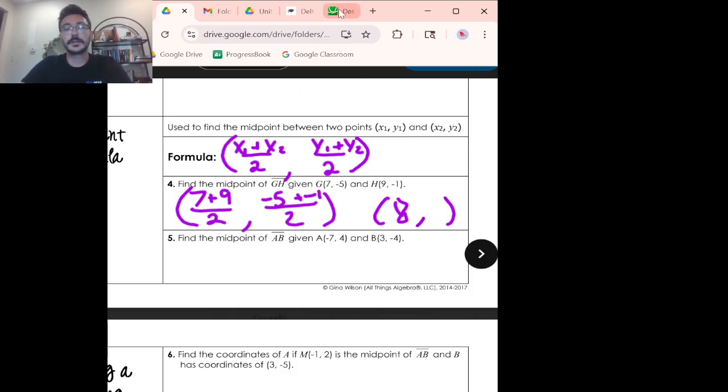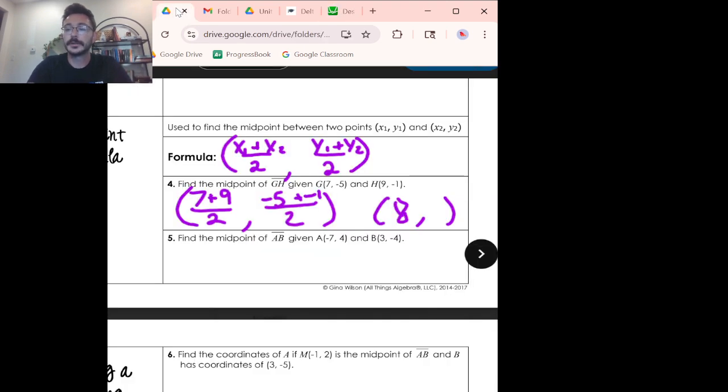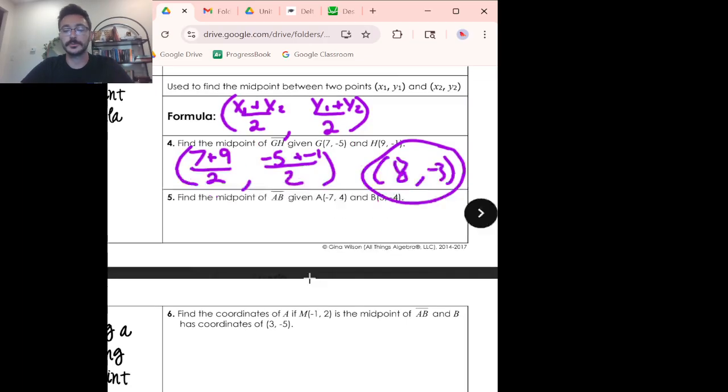And -5 and -1 were the y's, so I just go back and change this to a -5 and a -1. In the middle of those is a -3. That's my new y. That coordinate is the midpoint of these two coordinates. So if you drew it out on a graph and graphed those, this one would be in the middle.